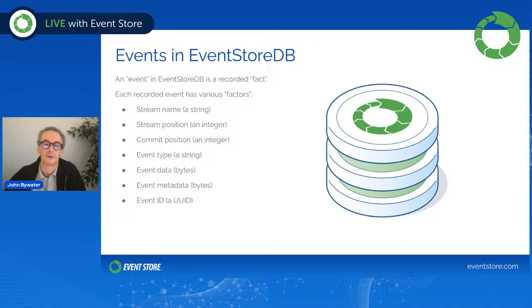As we said before, each event has one stream name. Each event is only in one stream. It has one stream position which is uniquely occupied by an event, and it has a commit position which orders the events in the database.